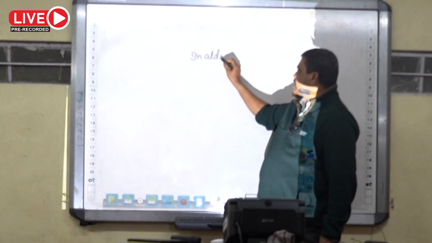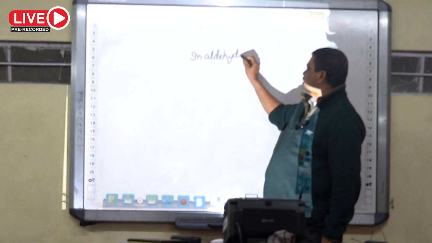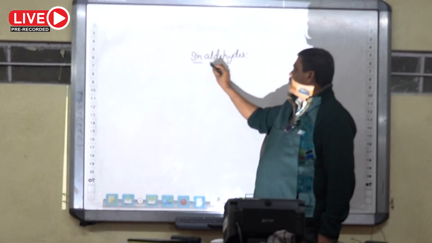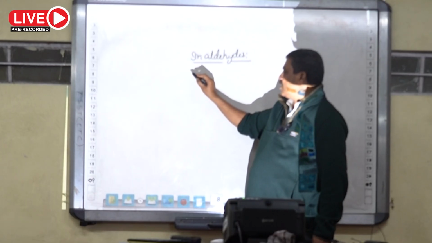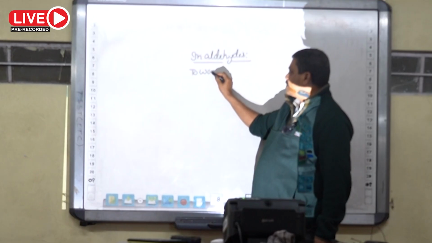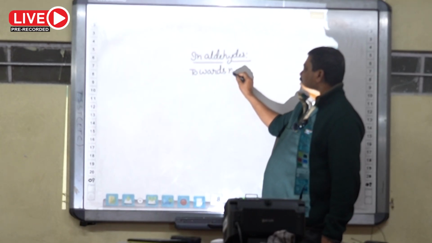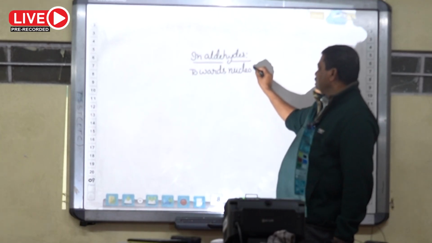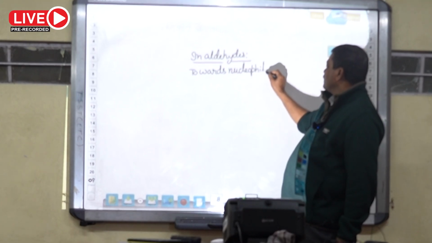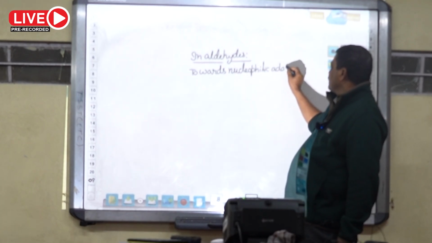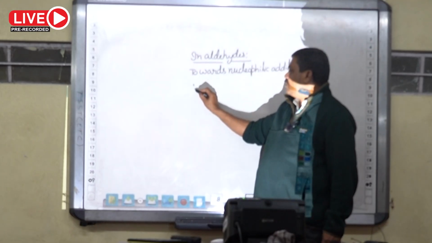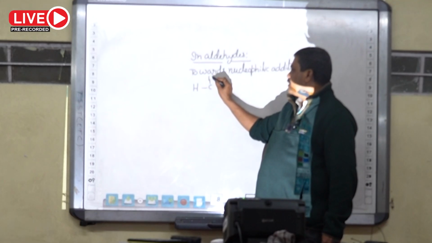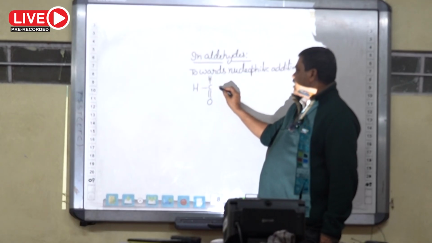Hope you understand this. If you write, in aldehydes, decreasing order of rate towards nucleophilic addition: formaldehyde is highest.